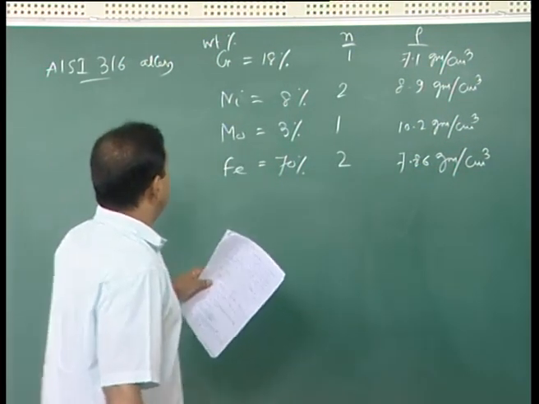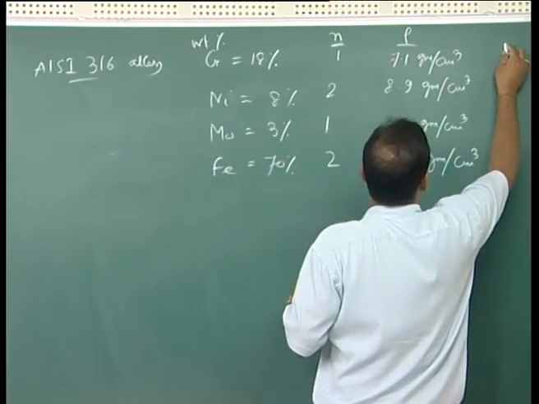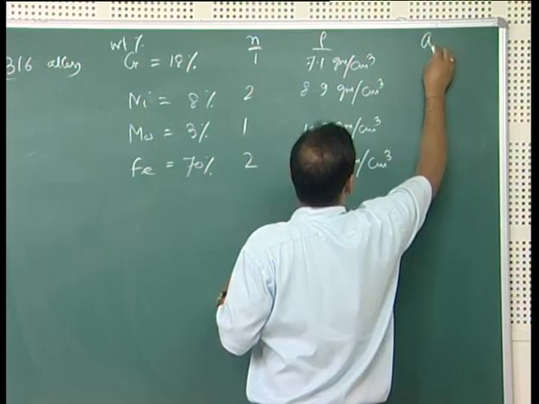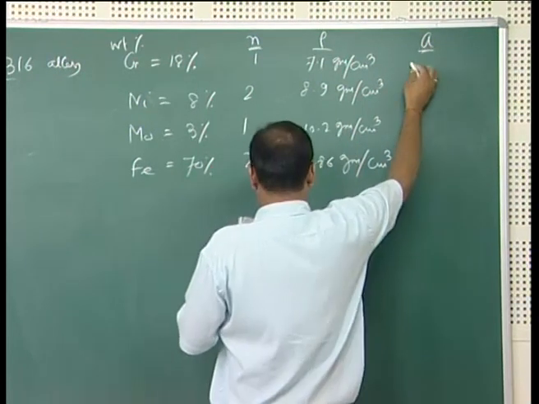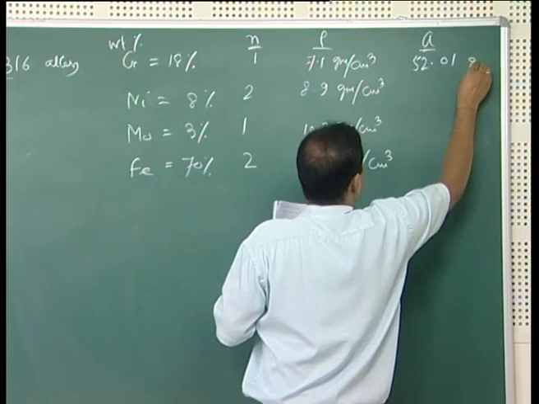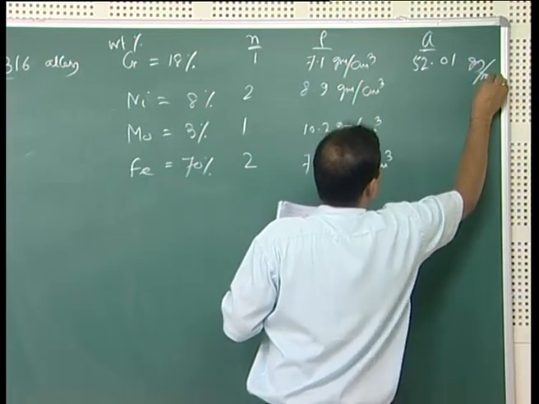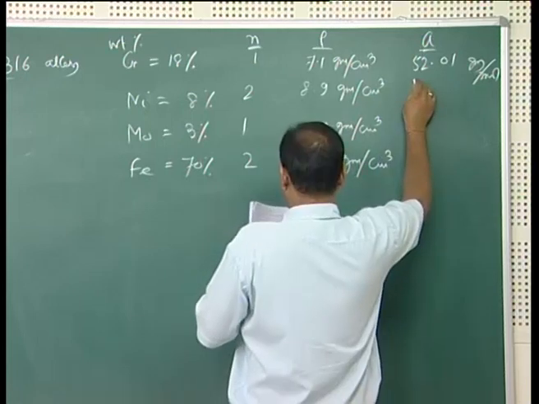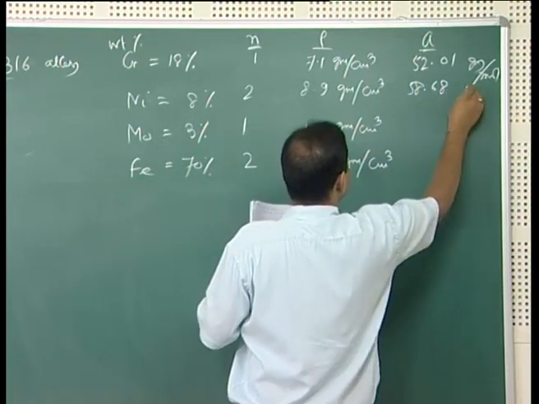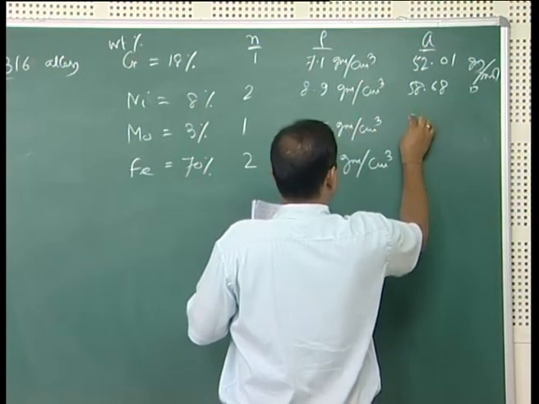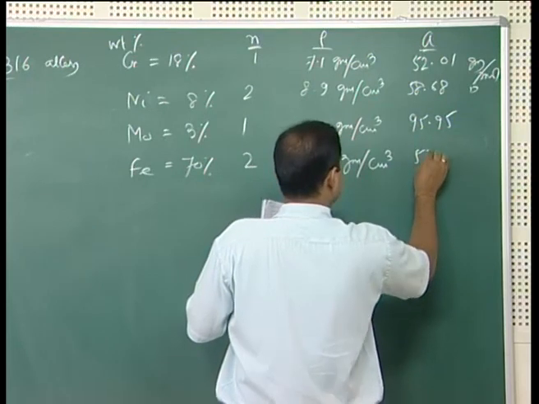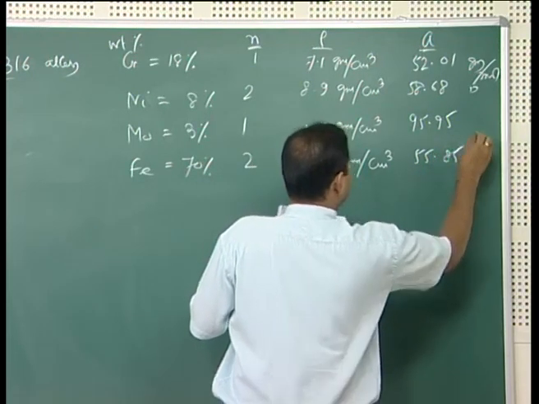Also, you know the atomic mass of these elements. This is, let us say, element A, so here it is 52.01 gram per mole. Now this is 58.68 gram, 95.95, and this is 55.85.